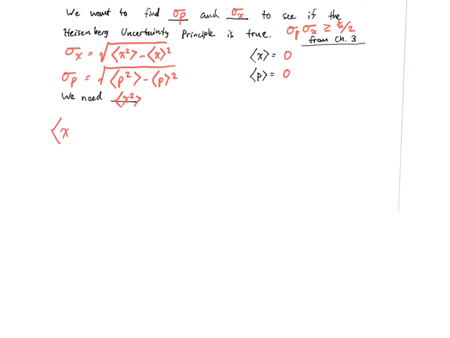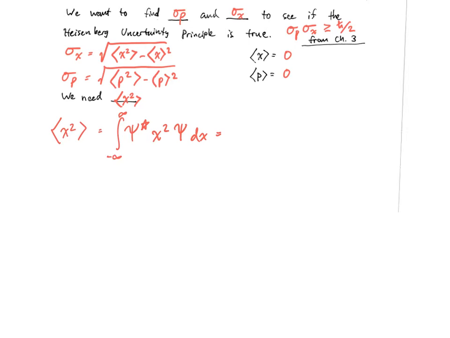All right, let's get this set up here. Average of x squared is going to be equal to the integral from negative infinity to positive infinity of the eigenfunction squared, and then the position operator acting on itself, which is just going to be x squared, eigenfunction dx.